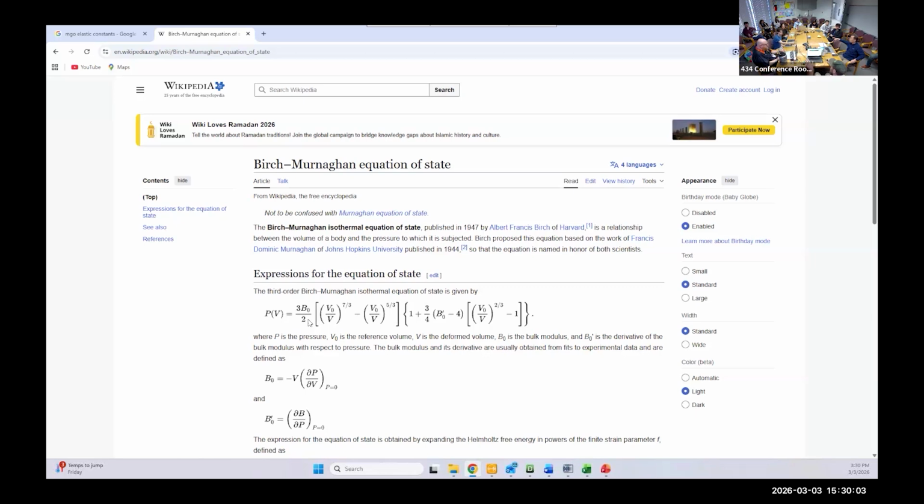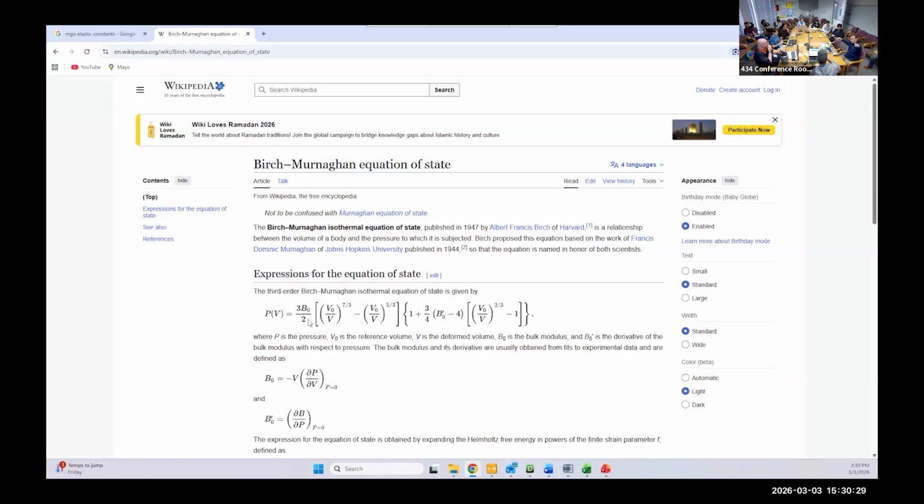Do people sort of understand? Ken was talking about the bulk modulus and the pressure derivative of the bulk modulus for elasticity. For the pressure standard, let's say MgO, these parameters are known. So you know the bulk modulus and its pressure derivative.